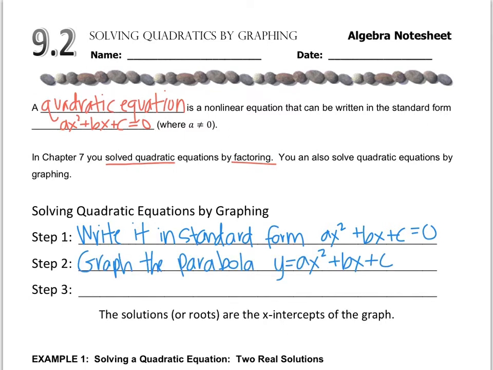And then the final thing you do is you look at where those x-intercepts are. Because the solutions, or what we called the roots back in Chapter 8, of that parabola are the x-intercepts, which therefore are the values of x that make it equal to 0, right? Because on the x-axis, you have a y value of 0. So you make the graph, you look at the x-axis, you find out where it crosses, and those values where it crosses are the answer.